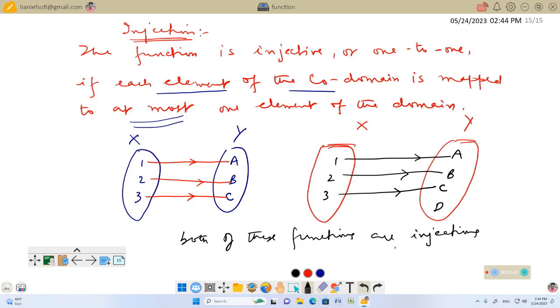So let me move now to another thing, that is surjection. What is surjection?